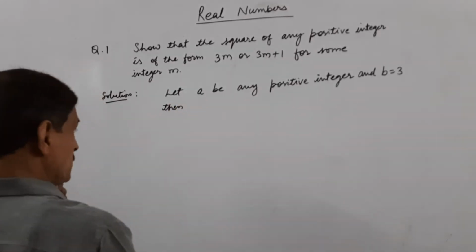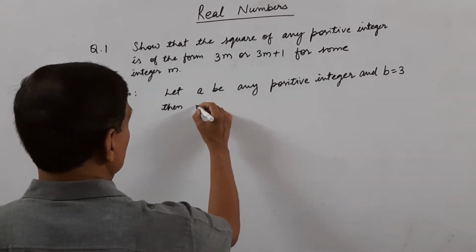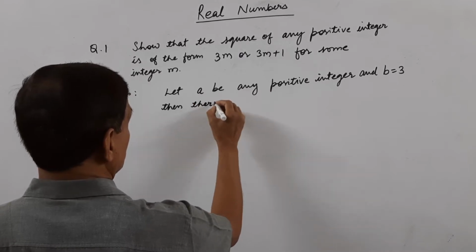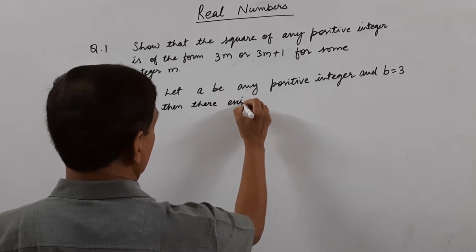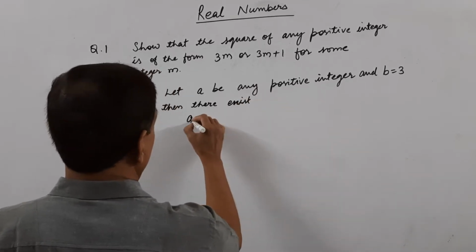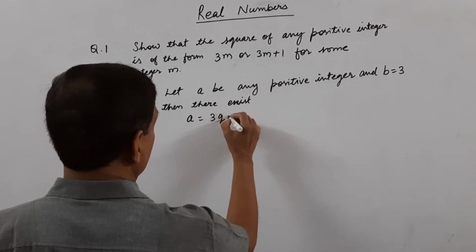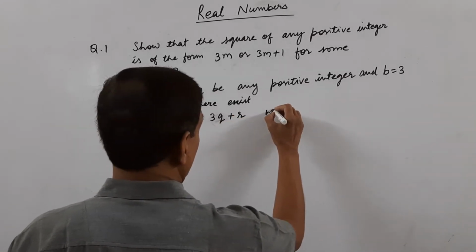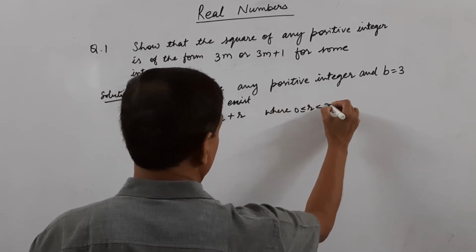Then according to Euclid's division lemma, there exist a is equal to 3 times of q plus r, where r is greater than or equal to 0 but less than 3.